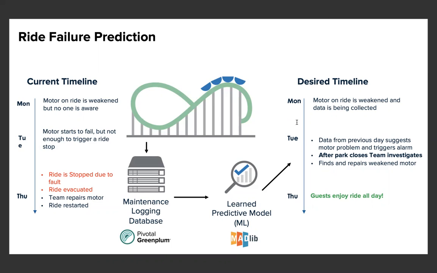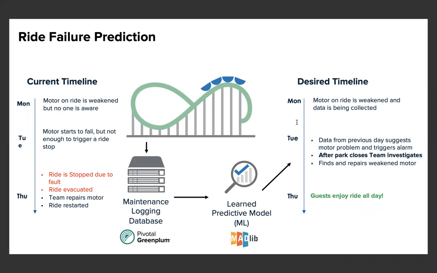On Tuesday, motors start to fill, but not enough to trigger ride stop. On Thursday, ride stopped due to fault. Team repairs motor. Ride restarted. This is log data. We could load this log data into GreenPlan for analysis.